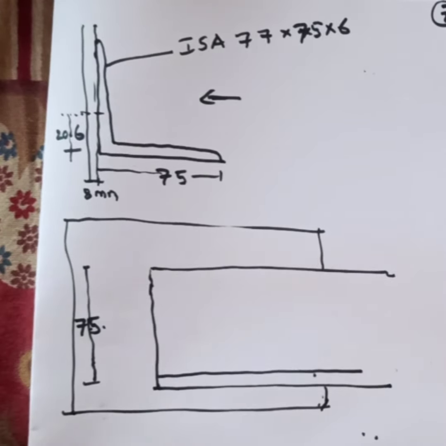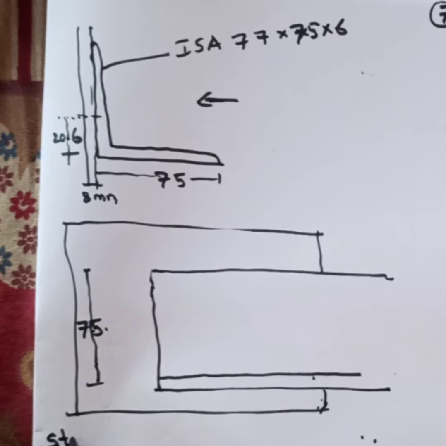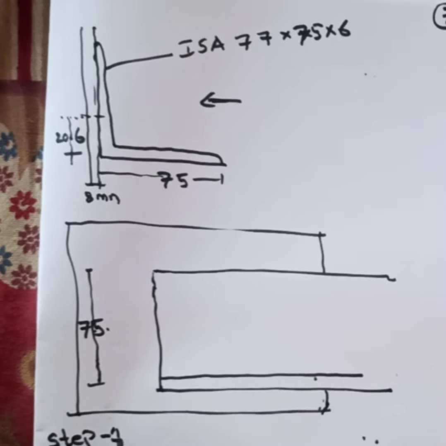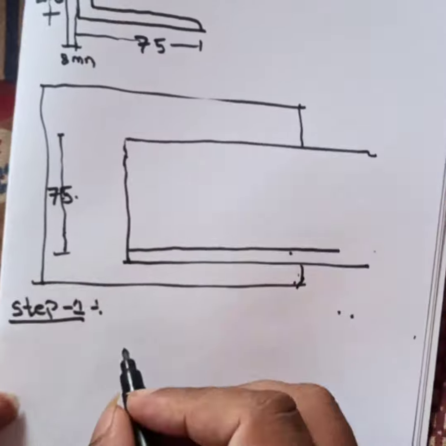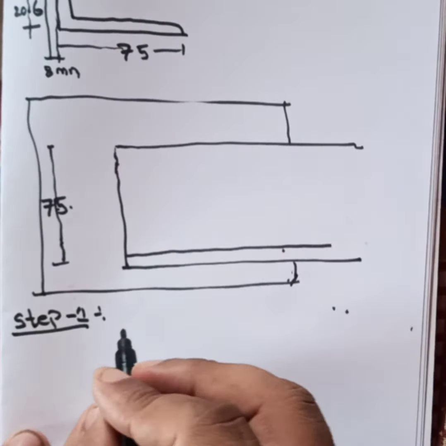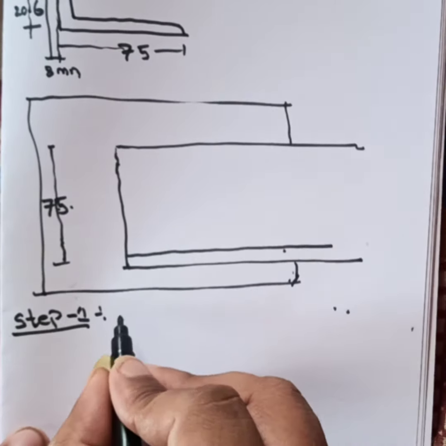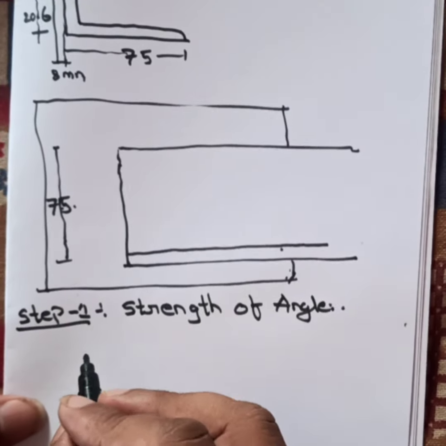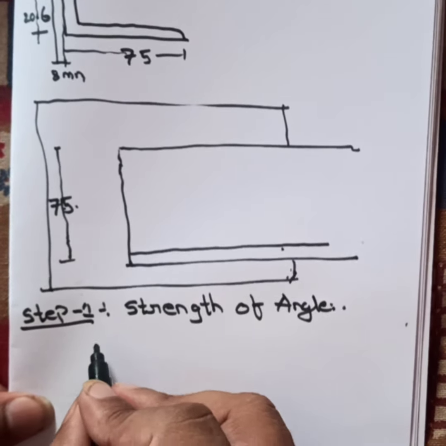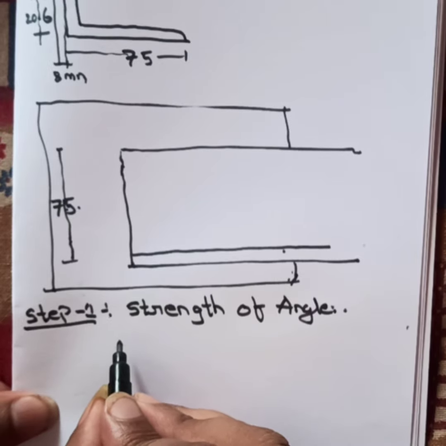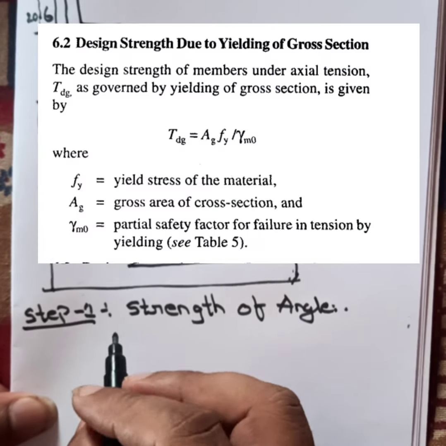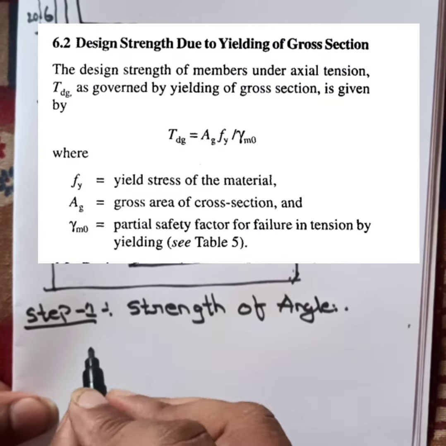So now step 1, let us find the strength of the angle. The strength of the members can be calculated by using the same formula which is given in clause number 6, that is Tdg equal to Ag into Fy by gamma m0.